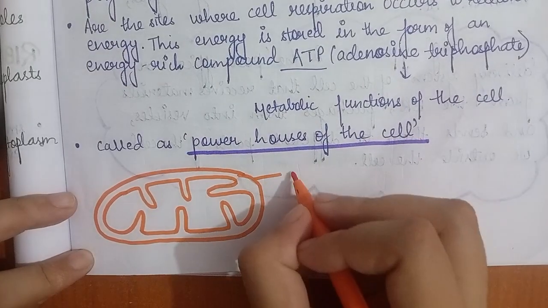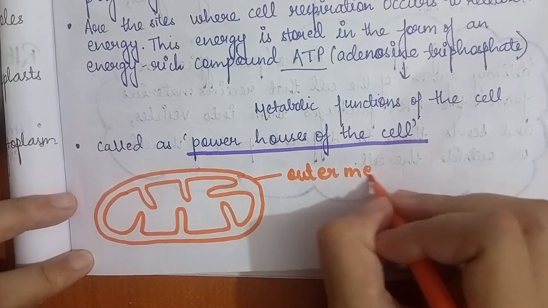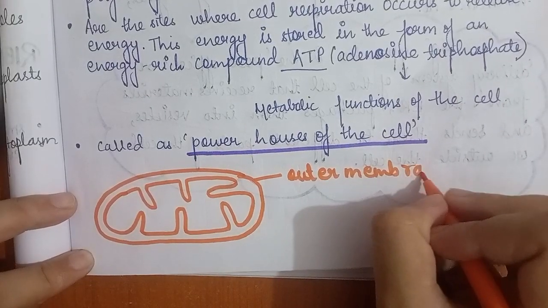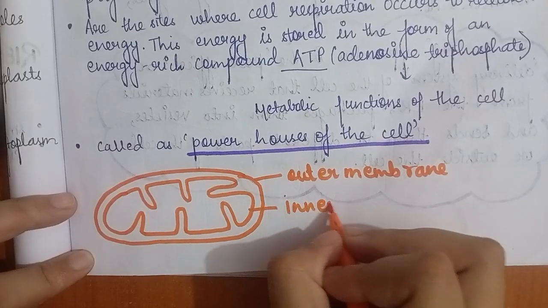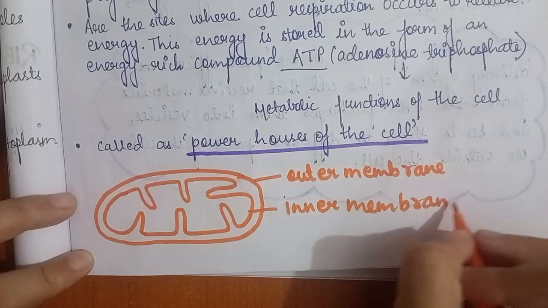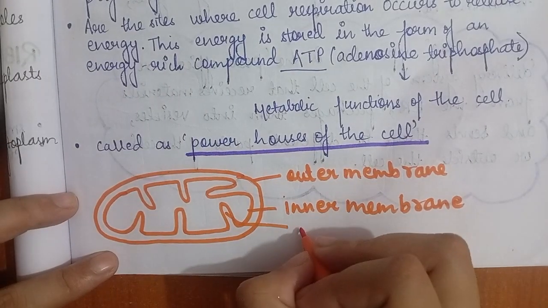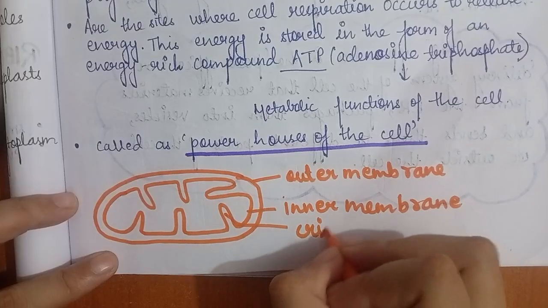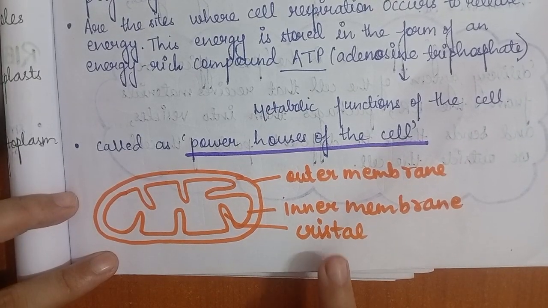This is the outer membrane, this is the inner membrane, and this finger like projection is called cristae.